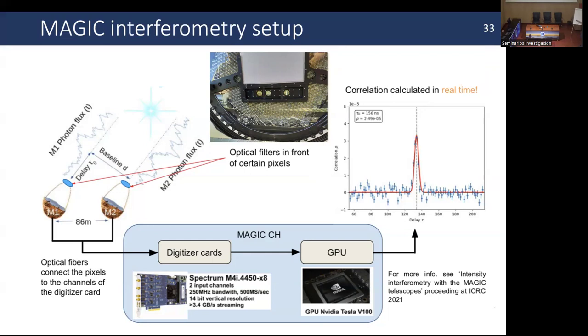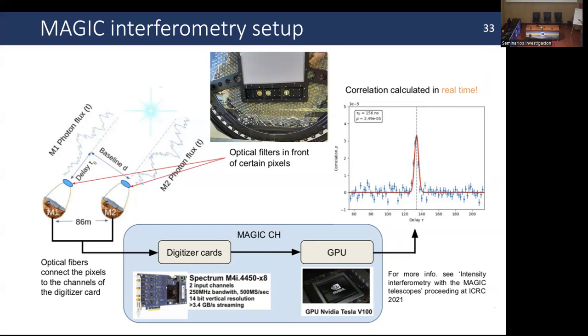We digitize, this is new, the light at 500 mega samples, so 2 nanosecond bins, okay? And we correlate using a GPU. This is all possible now because we have all these GPUs and digitizers that are very fast and actually very cheap, okay? So this is from the last years. We can do it easily.